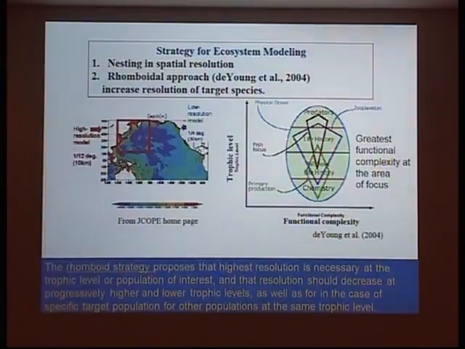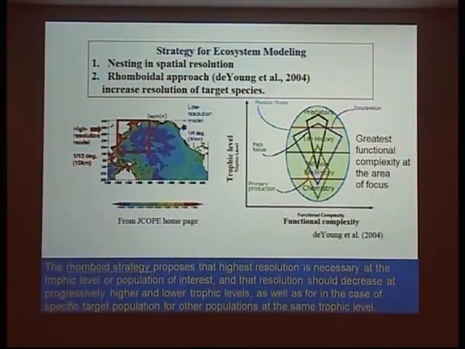For example, this is a diagram that shows trophic level versus functional complexity. If your focus is on zooplankton with a life history, you can have more complexity in your model at this level, but at the end you need to include also predators, though you can get away with less complexity at this level.